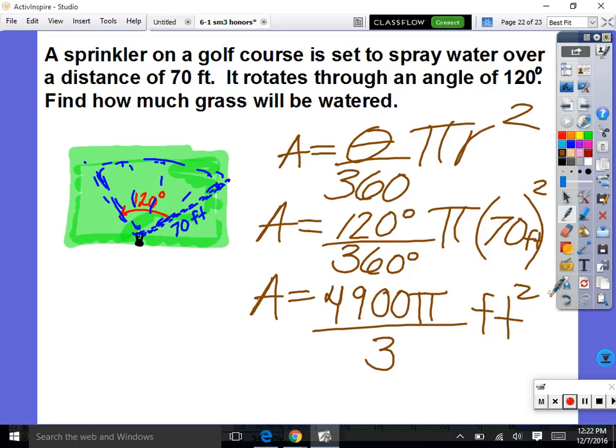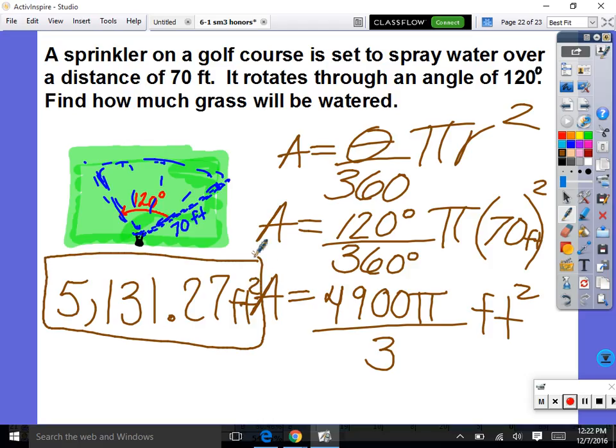They would do 5,000.27 square feet. That would be the engineer's answer. That's what you would go to them with. If you went to them and said 4,900 pi over 3 feet squared, they'd say, what are you talking about? And then you'd probably get slapped in the face. So you'd go to them with this answer as an engineer.